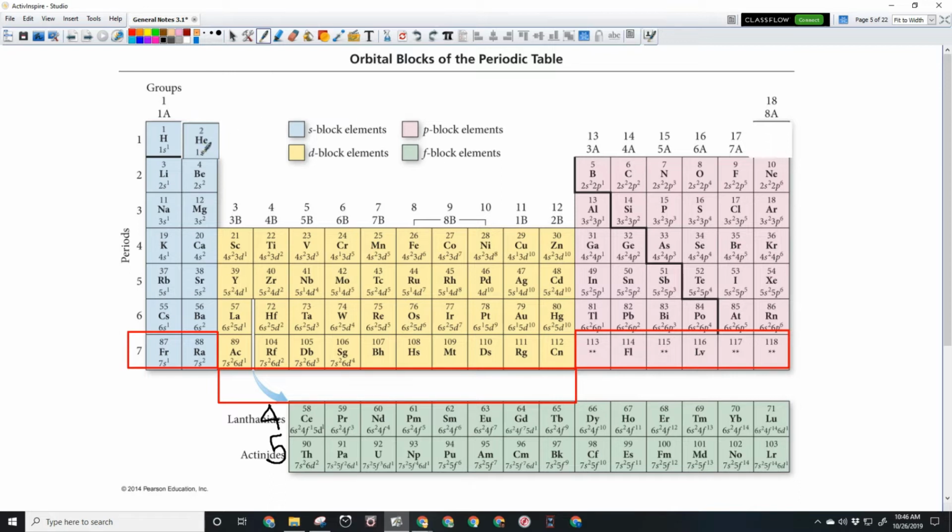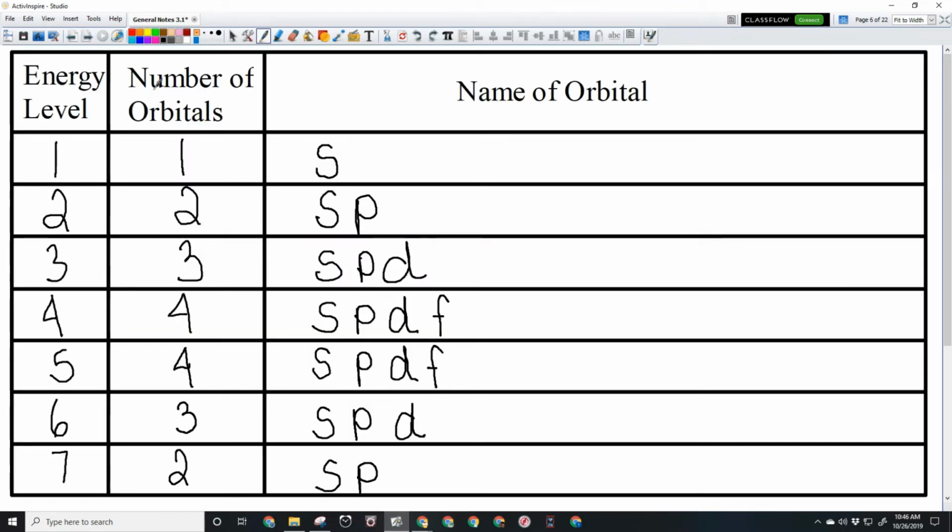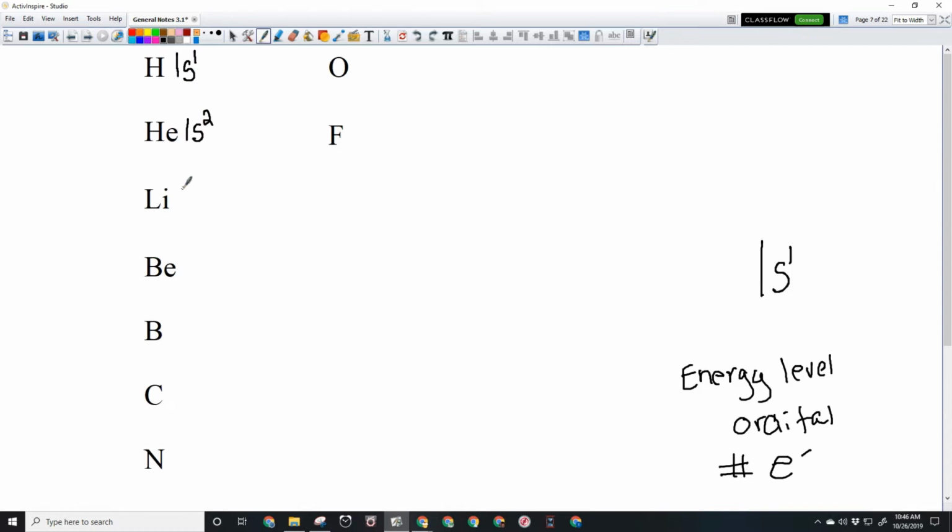So we're going to write a 1s2, and then lithium is on 2, in the s orbital, and it's the first element. So it's 2s1. The reason we do that is because lithium has 3 electrons, and if we add up these exponents, 2 and 1 is 3.